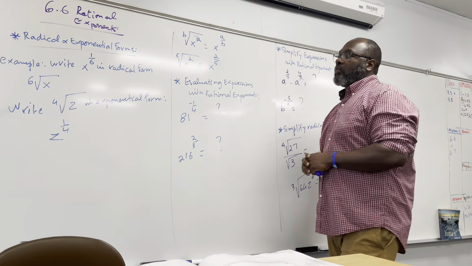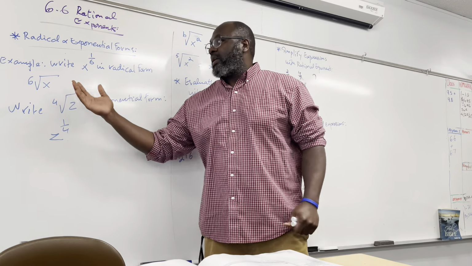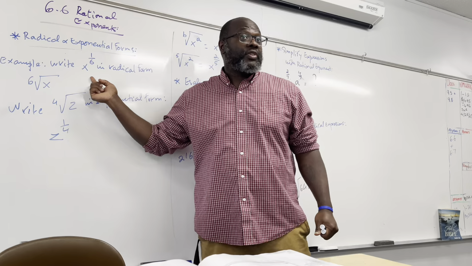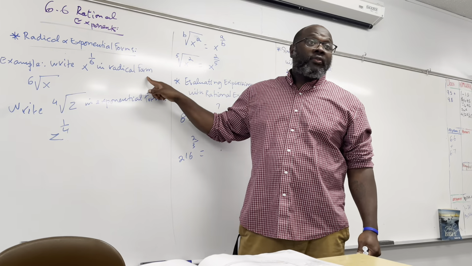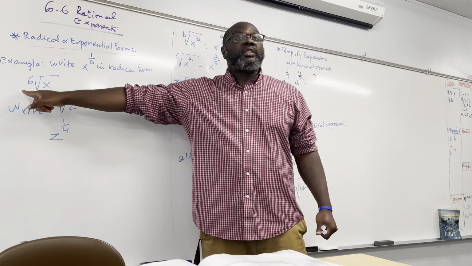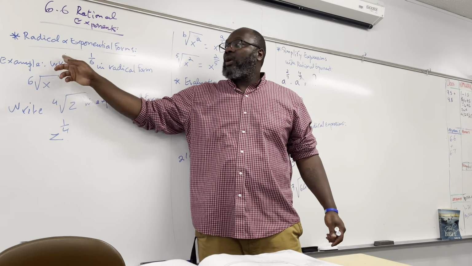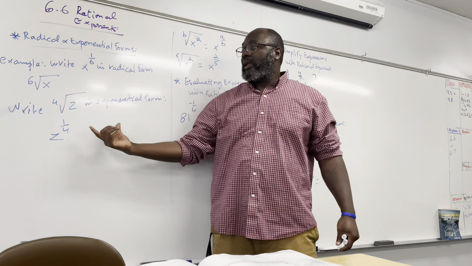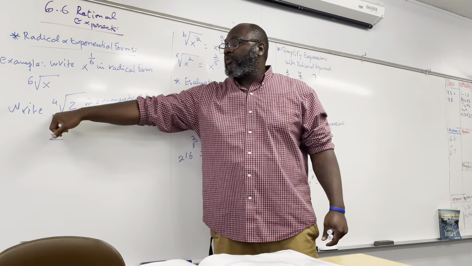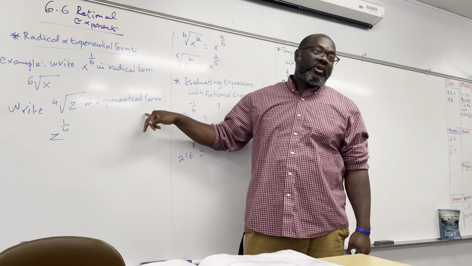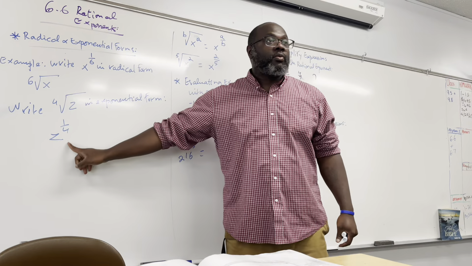So now, for example, if I say write x to the 1 over 6 in the radical form, this becomes what? The 6th root of x. This is how you go from one to the next, okay? And then here, I say write the 4th root of z in the exponential format. It becomes z to the 1/4.